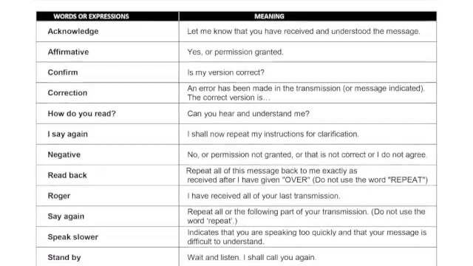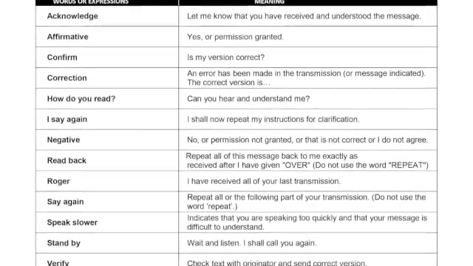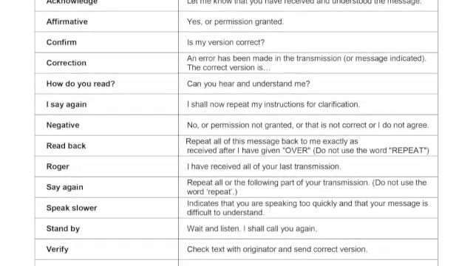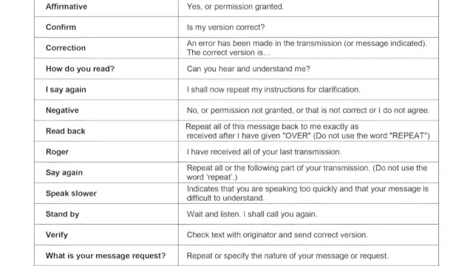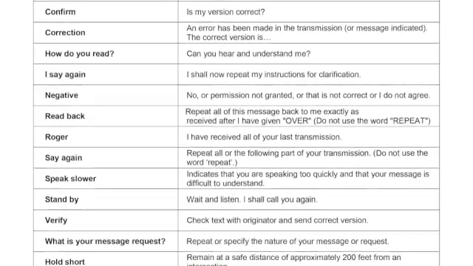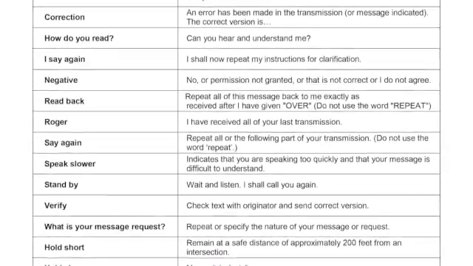Read back: repeat all of this message back to me exactly as received after I have given over. Do not use the word repeat. Roger: I have received all of your last transmission. Say again: repeat all or the following part of your transmission. Do not use the word repeat. Speak slower: indicates that you are speaking too quickly and that your message is difficult to understand.